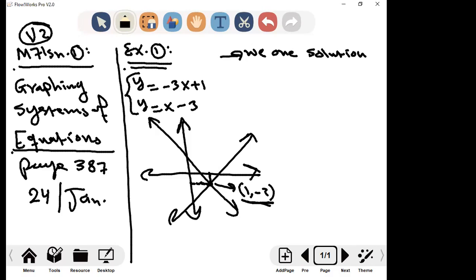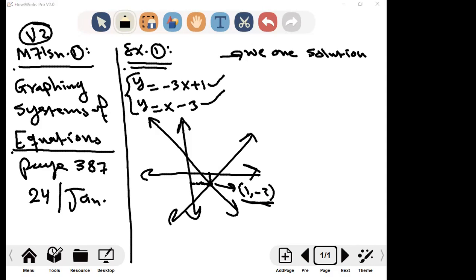Underline. An ordered pair that is a solution of both equations is a solution of the system. Like this point here, one ordered pair. If it's a solution for each equation in the system, then it is the solution for the whole system.